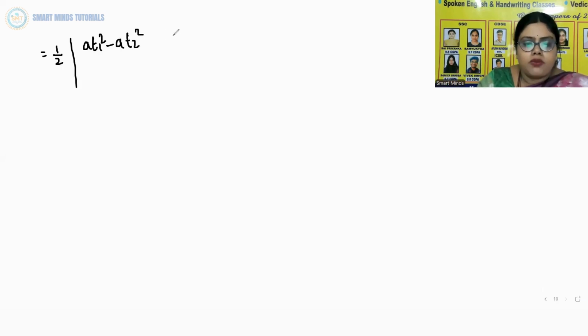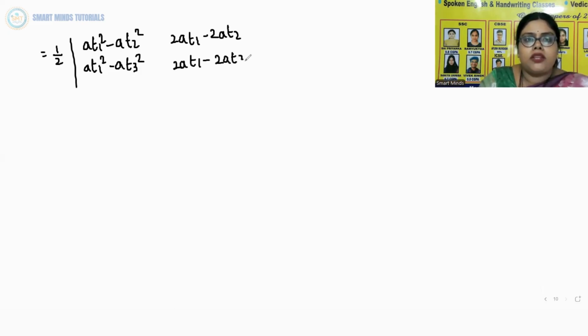So that is equal to half mod x1 minus x2, so at1 square minus at2 square. Then we have y1 minus y2, 2at1 minus 2at2. Then we have at1 square minus at3 square, and then 2at1 minus 2at3.